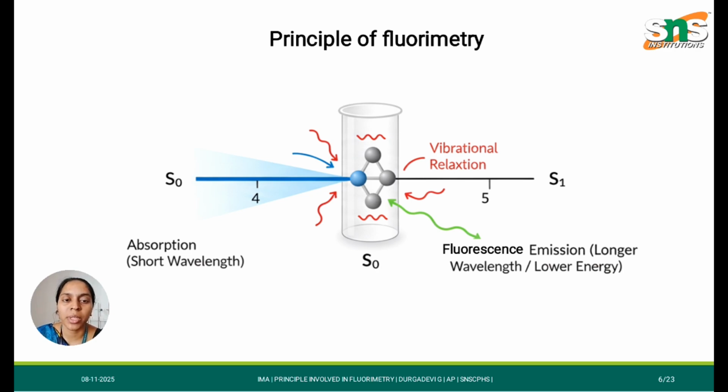Since the excited state is not much stable, they will return to the singlet ground state by emitting the radiation, and that is called as fluorescence or emission. That will happen at a longer wavelength. So this is the simple principle behind fluorimetry, and with the help of this instrument we are going to measure the fluorescence produced by our sample.